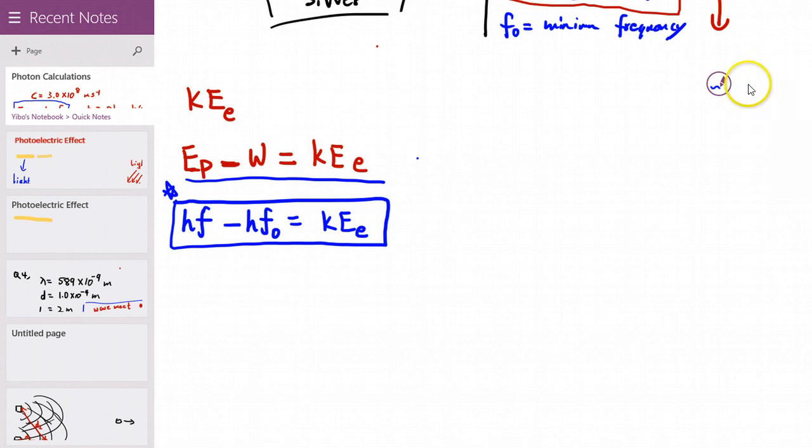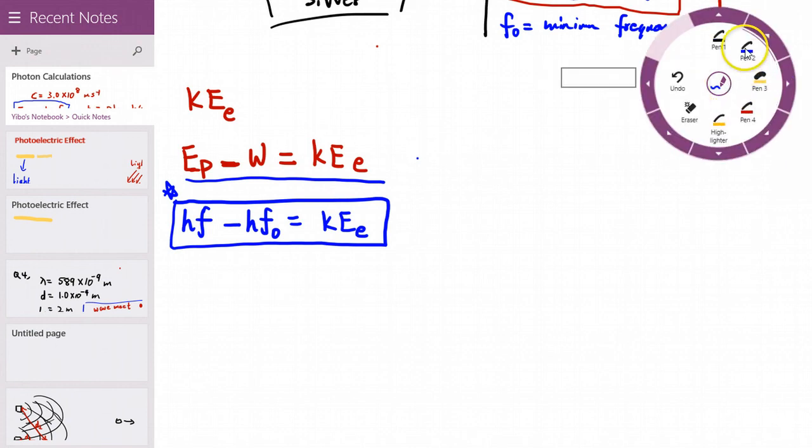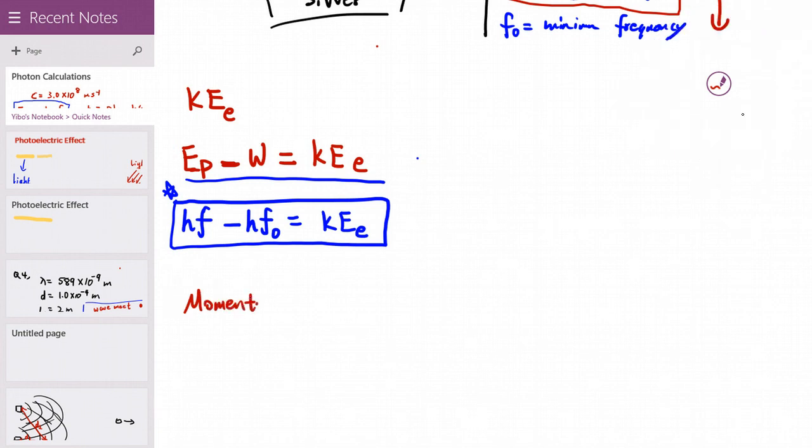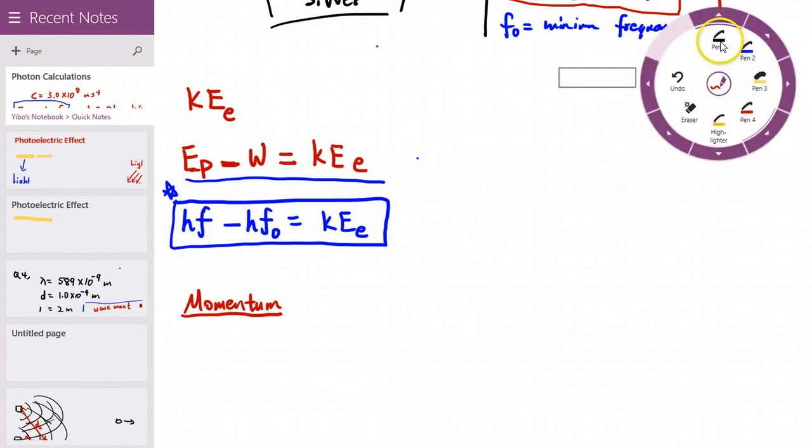Now, the other thing we need to talk about is the momentum. We will be doing a lot of work on momentum next week, but this week you just need to know this.